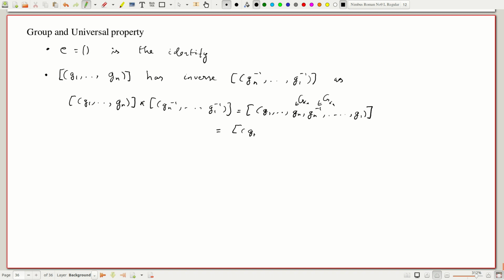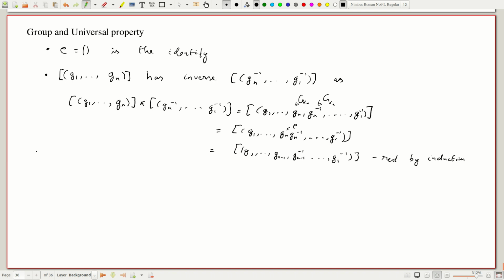So it becomes g1 and then gn inverse onto g1 inverse, and this is e, so we can delete it. This is the identity of the appropriate group. So gn minus 1, gn minus 1 inverse, g1 inverse. The rest is by induction. Finally, you'll end up with a letter and its inverse, which you cancel.